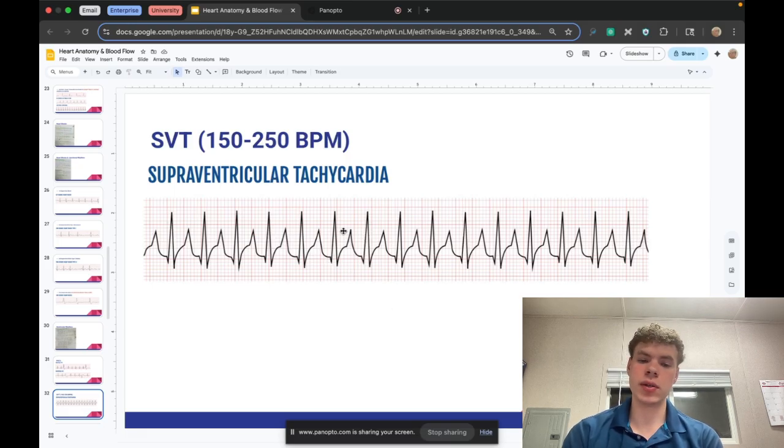This could be AFib. This could also be sinus tachycardia. You really have to slow this down. But if you see a very, very fast rhythm where it's so fast you don't even see P waves, you just see QRSs, think SVT, supraventricular tachycardia.